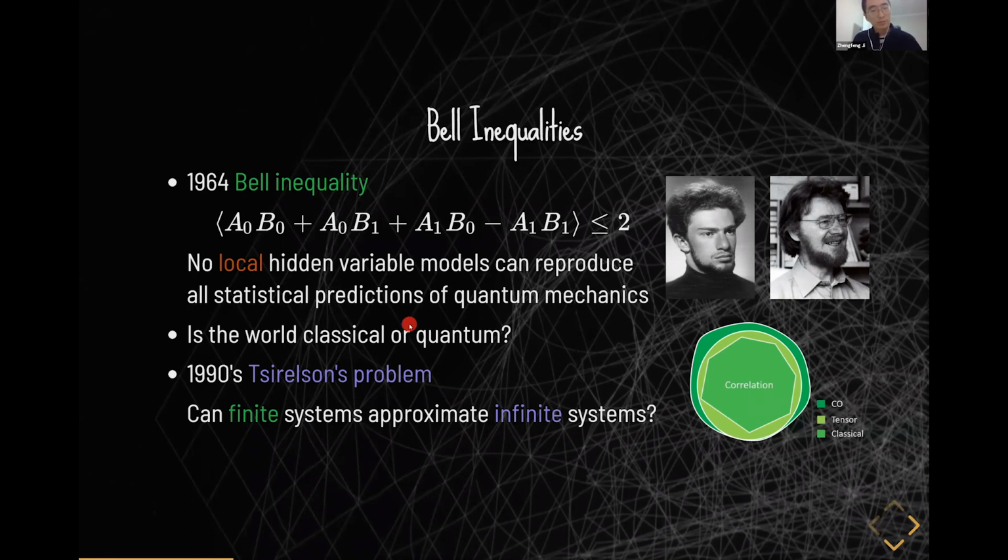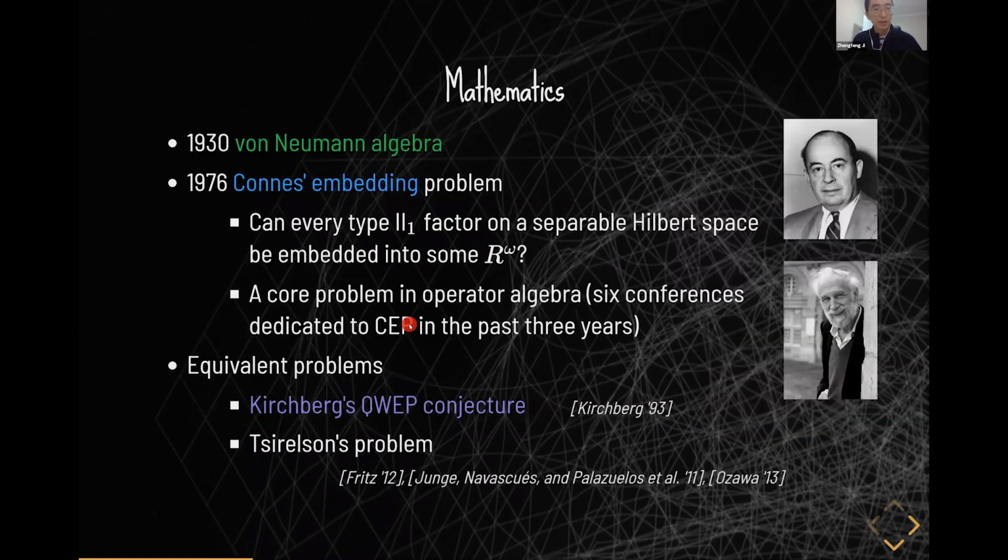And to mathematics, again in the 30s. I guess it's not a coincidence, because von Neumann was trying to lay the foundation for quantum mechanics and quantum field theory. He invented an operator algebra theory, later known as von Neumann algebra. There has also been rich development in mathematics, basically classifying the different kinds of von Neumann algebras.